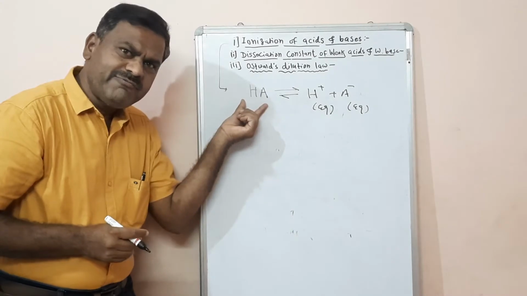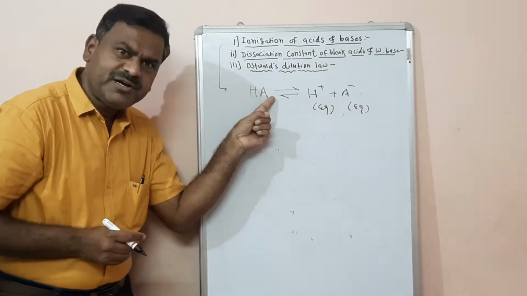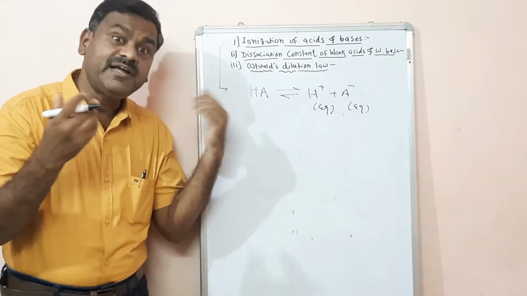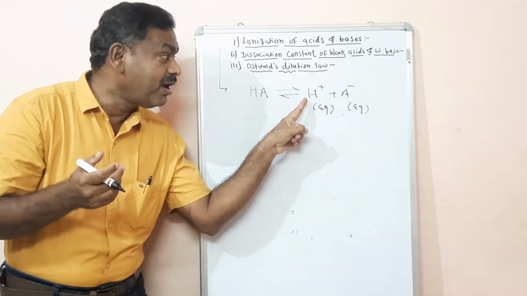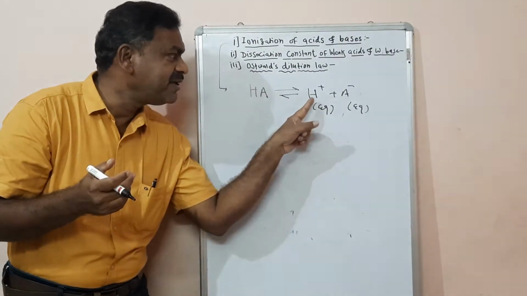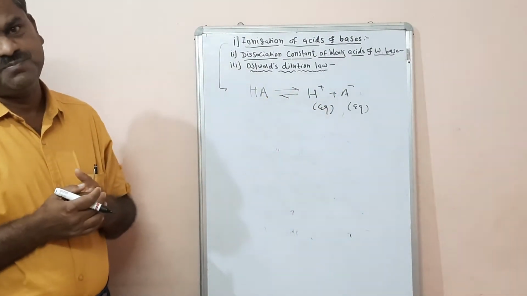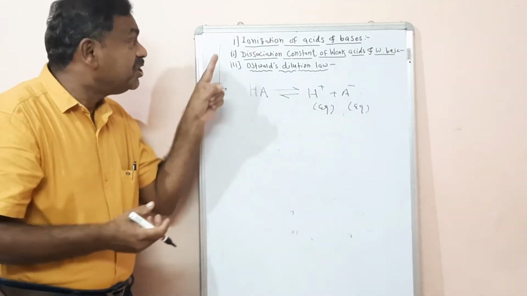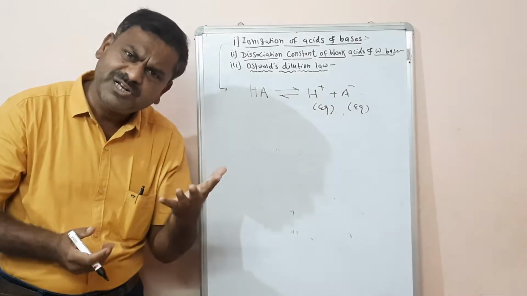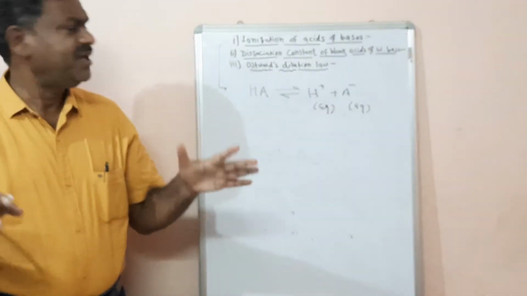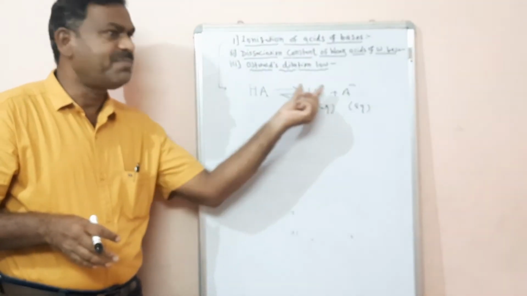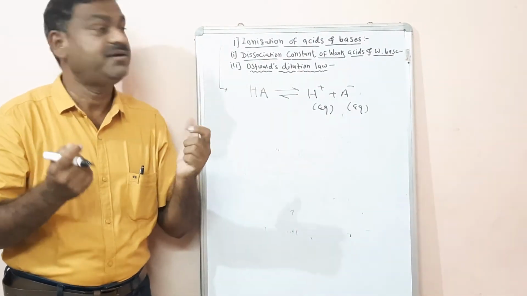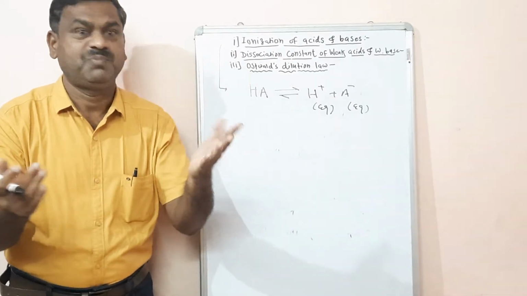This HA is a weak acid which dissociates to form only a slight number of H plus and A minus ions. Dissociation means separation. Here the acid separates into H plus and A minus ions, and we have to determine the dissociation constant.